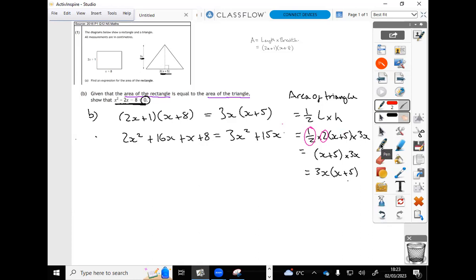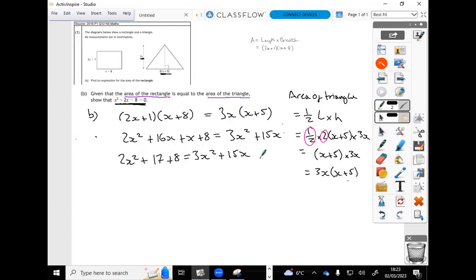In fact, we'll tidy up that right-hand side, collecting like terms. That's 16x and 1x equals 17x. That leaves us a wee bit better.